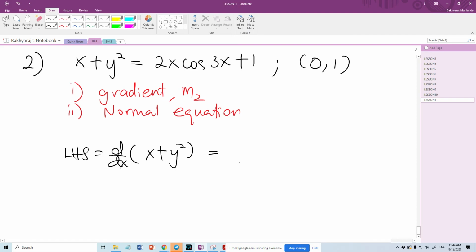Okay, differentiate xy square. y square plus 2xy. Like this. 2x dy dx, like this.